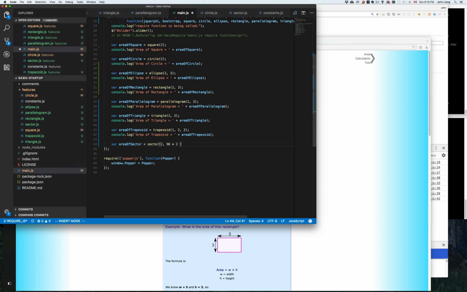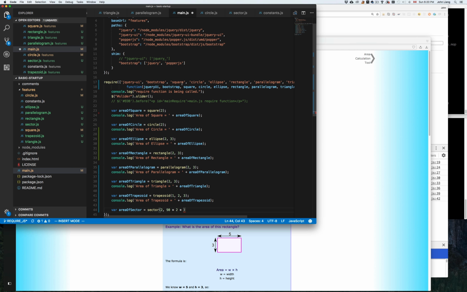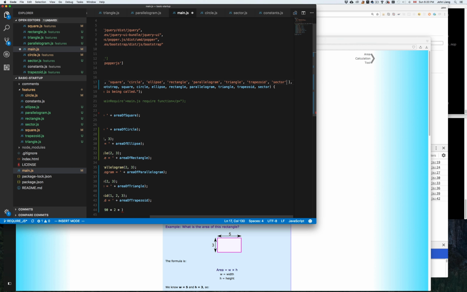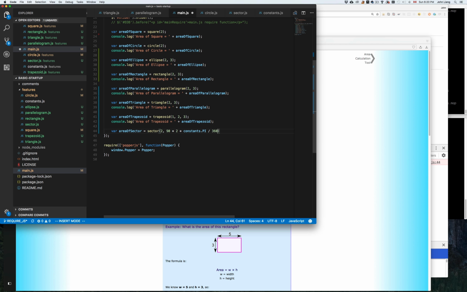So in this particular case, we need the constant as well. So let's go to the back of it. All right. Let's go down. Times constant dot pi divided by 360 because that's the ratio.